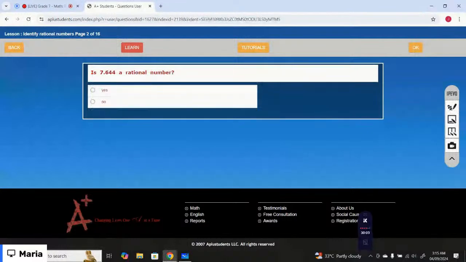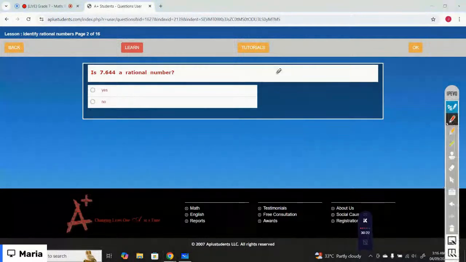Okay, is 7.644 a rational number? If you write it in fractional form, you have 1 digit before the decimal point, and after the decimal point, you have 3 digits. So you can write it in fractional form, right? So the correct option is yes, it is, right?